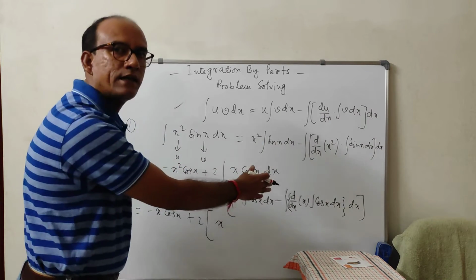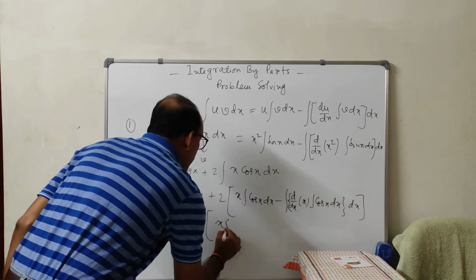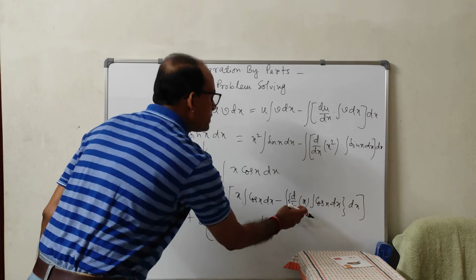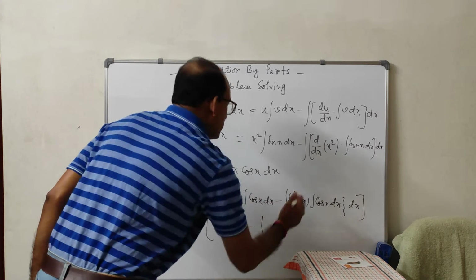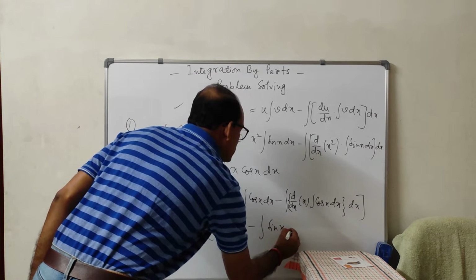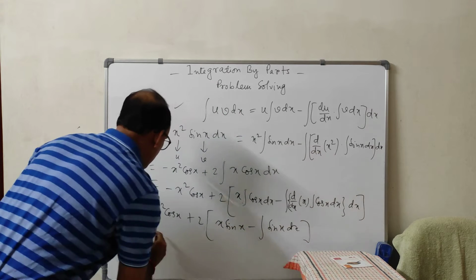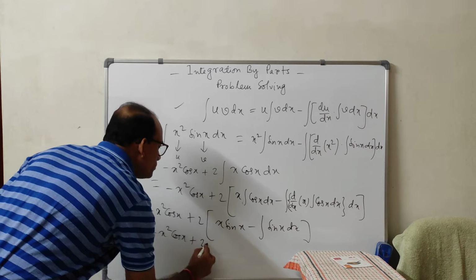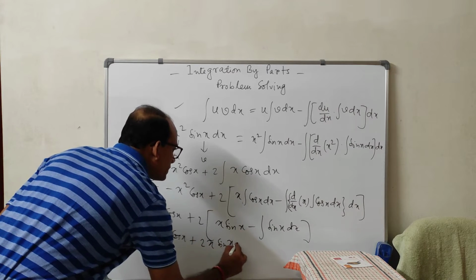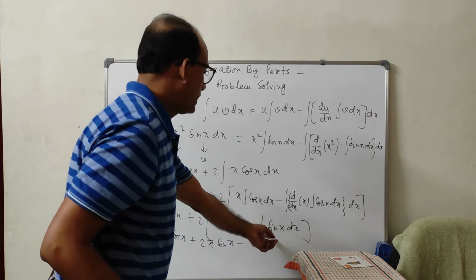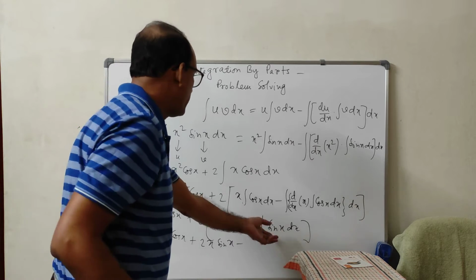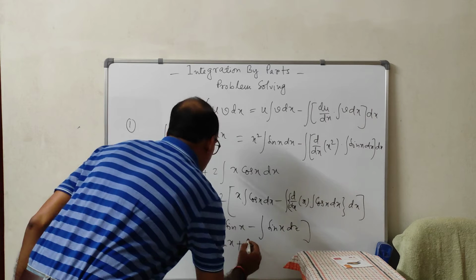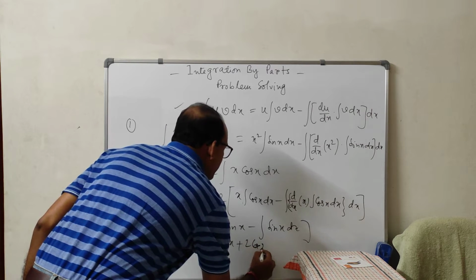Integration of cos x is sin x, you know very well, so sin x, and minus integration, this is 1, the d/dx of x is 1, so integration sin x dx. So it equals minus x square cos x plus 2x sin x minus, once again minus of cos x will come from integration sin x, so plus 2 cos x.